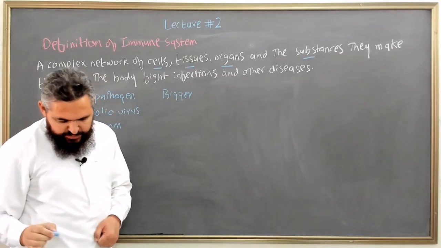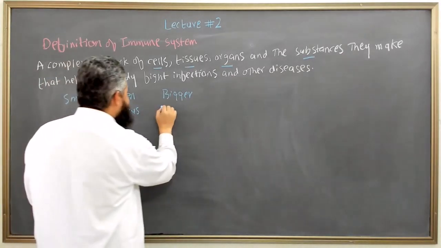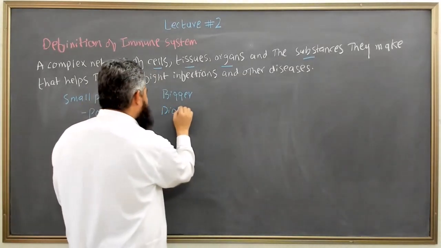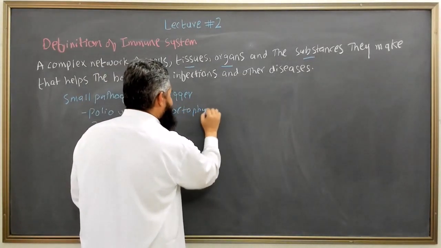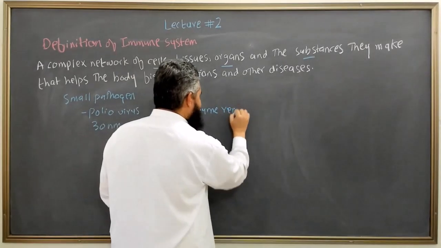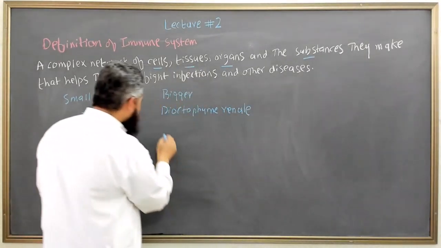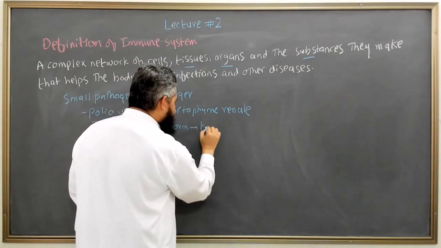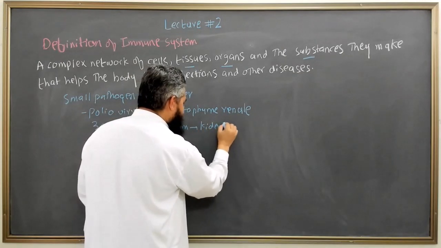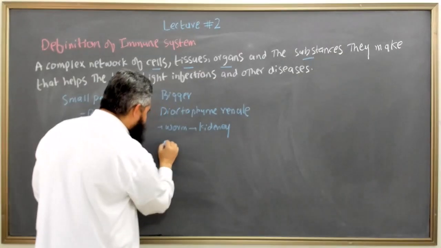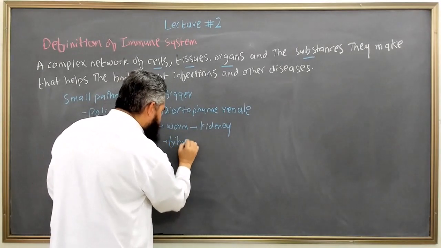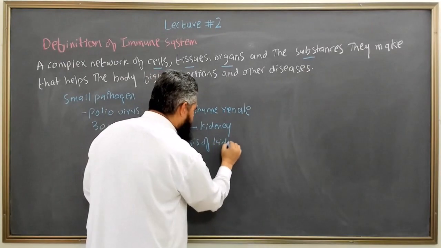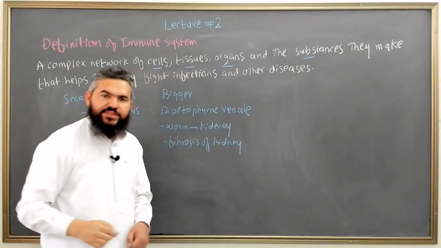If I give you an example, that would be Dioctophyme renale. This is actually a worm that is found in the kidneys of human beings, and it leads to fibrosis of the kidneys. Generally, you would say it leads to damage to the kidney.